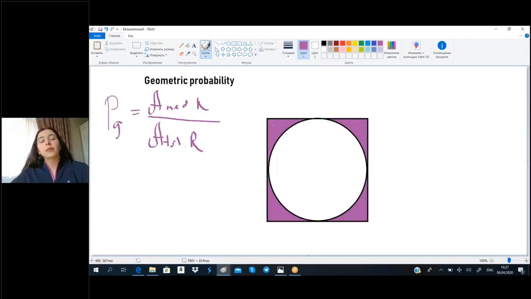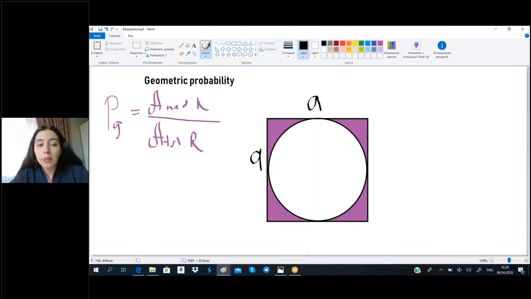So let's suppose that we have a square inside of which a circle is given. And let's suppose that the side of the square is a. By the way, let's suppose that any point is chosen inside of the square. Let's find the probability that it belongs to the shaded area.